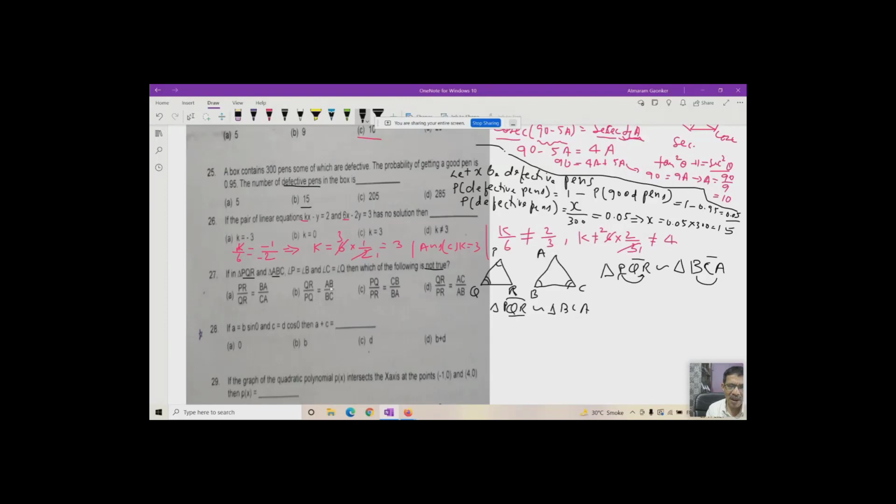It is not CA, it is AB here. So QR upon PQ should be equal to CA upon AB. It is not so. So second option B is not true. So the answer is B.